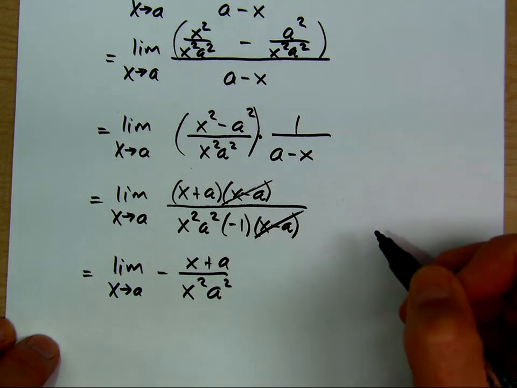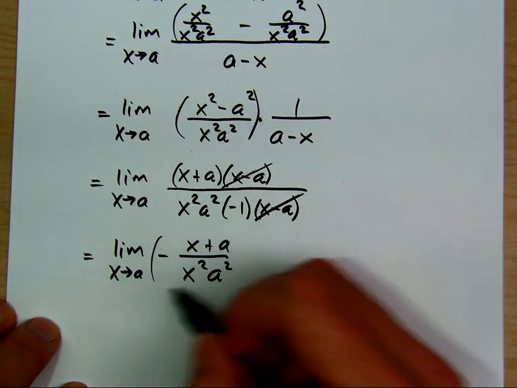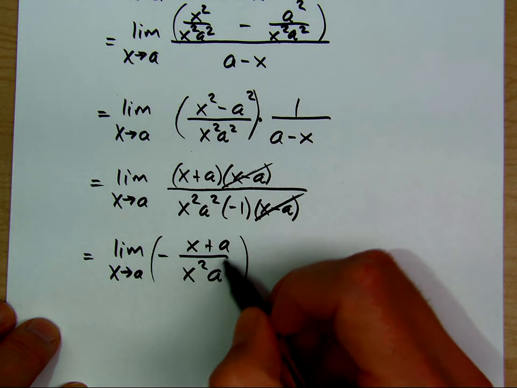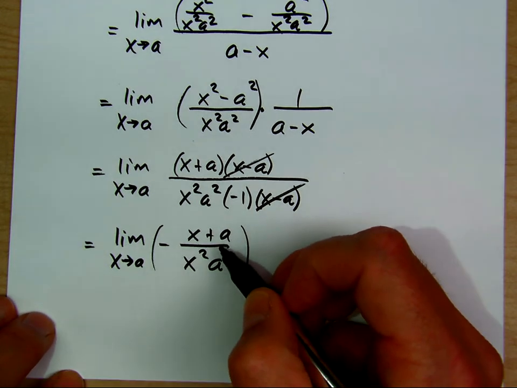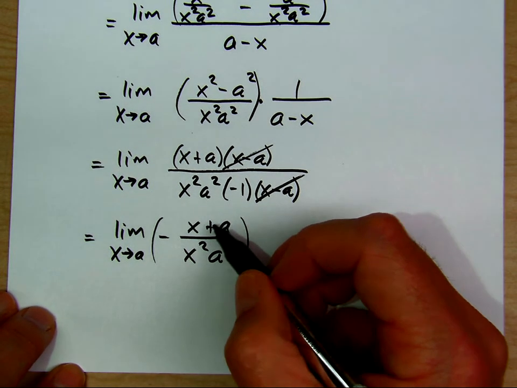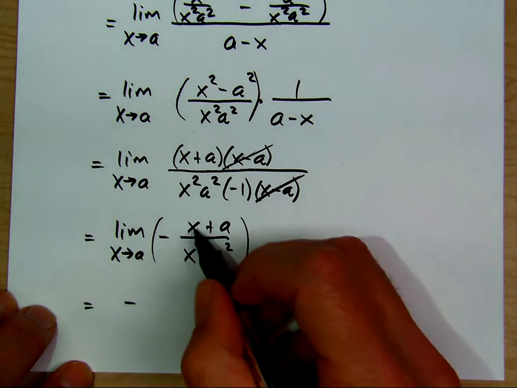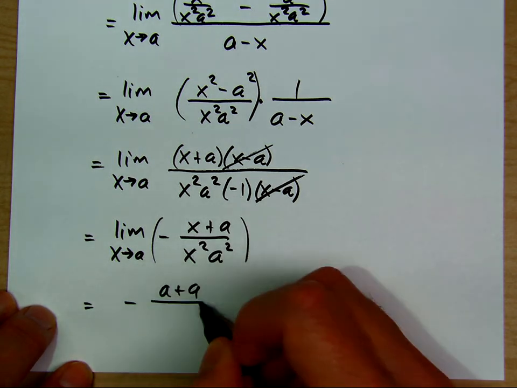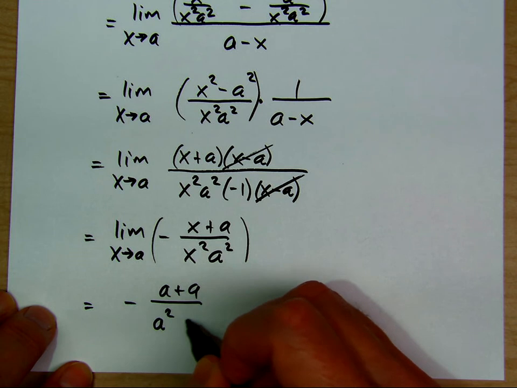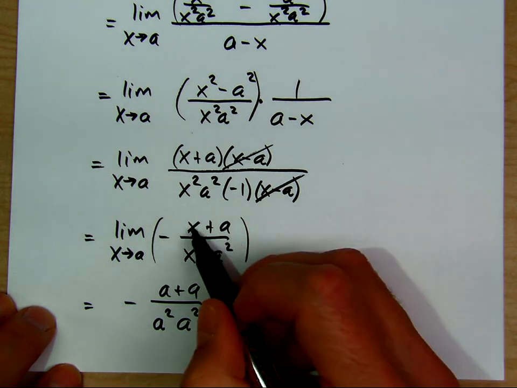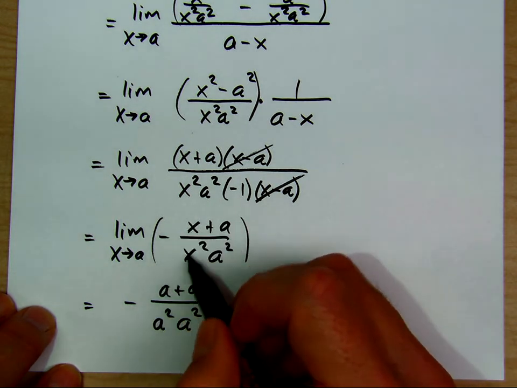And now when we substitute the a, there's no more subtraction to create an indeterminate form of 0 over 0. So let's just substitute, and we'll have a plus a over a squared a squared. So x is going to a. Let's substitute the a.